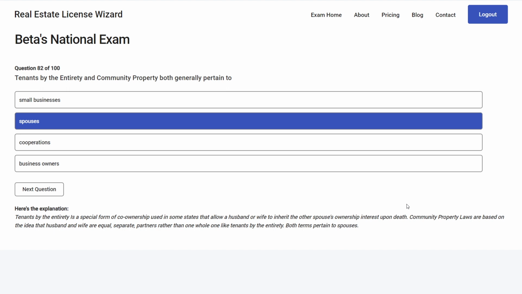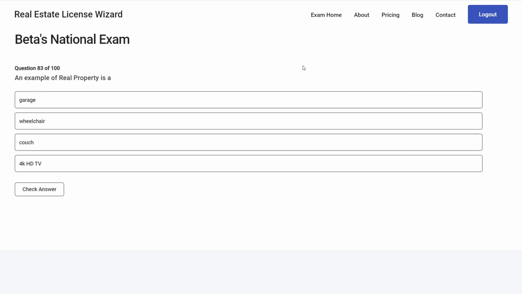So, tenants by the entirety is a special form of co-ownership used in some states to allow a husband or wife to inherit the other spouse's ownership interest upon death, while community property laws are based on the idea that husband and wife are equal, separate partners rather than one whole, like tenants by the entirety. But both terms, again, pertain to spouses. So, super important to understand there.